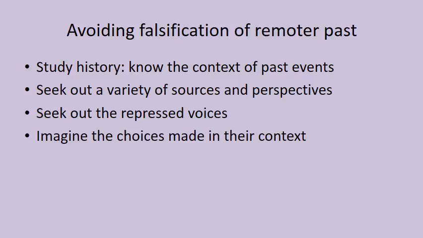But it's not just a question of getting information from a variety of sources or information from repressed voices. It's also a question of using our imagination to reconstruct what it may have been like in the past, particularly when we're trying to avoid survivorship bias or hindsight bias. That's where the historical novels, imaginative reconstructions of the past, or indeed historical films, can come into their own.